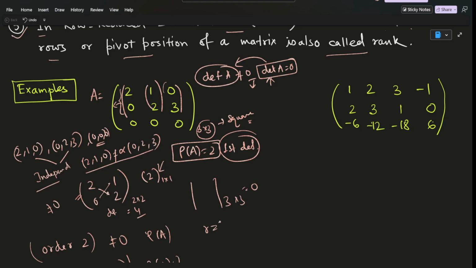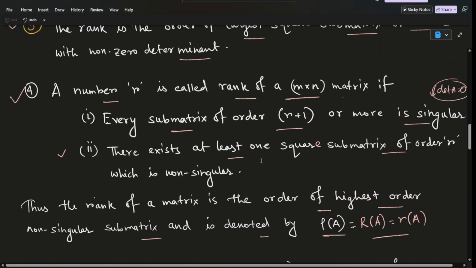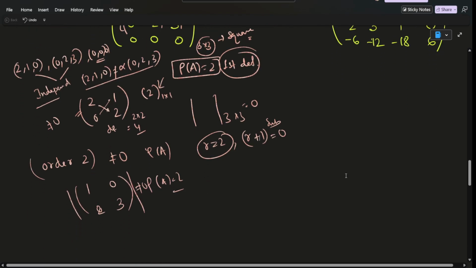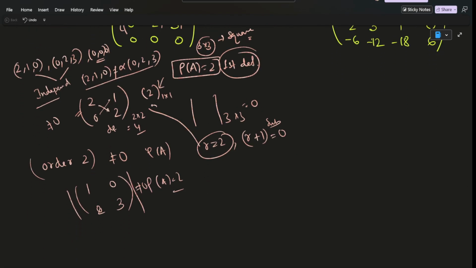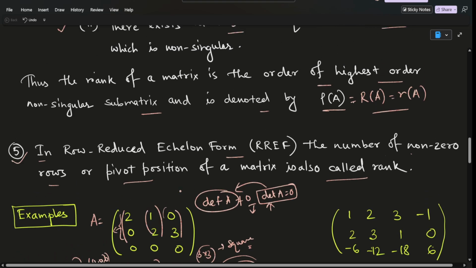If we take R equal to 2, then every R plus 1 submatrix or minor is 0. And there exists at least one square submatrix of order R which is non-singular. If we take this submatrix or this submatrix, then these two are non-singular. So that means this matrix is of rank 2. So this is another definition.